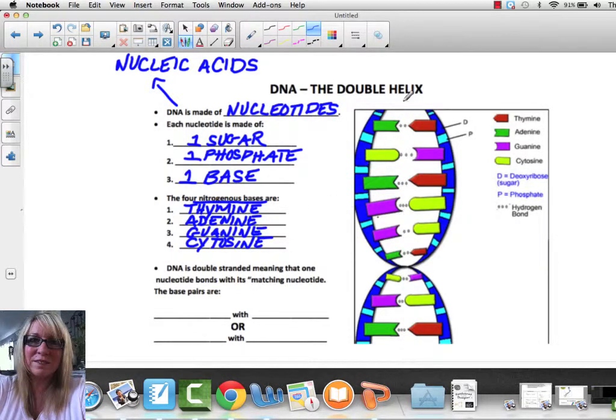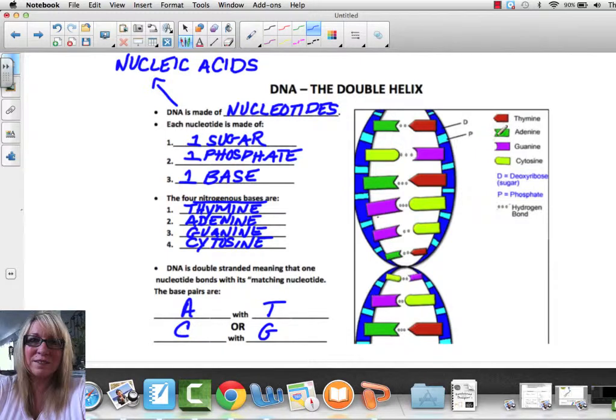DNA is double-stranded. You can see that here, left and right. And that means that the nucleotides pair up and bond together, and they pair up in a certain way. We always have A with T and C with G. A with T, C with G. You're going to have to memorize that.